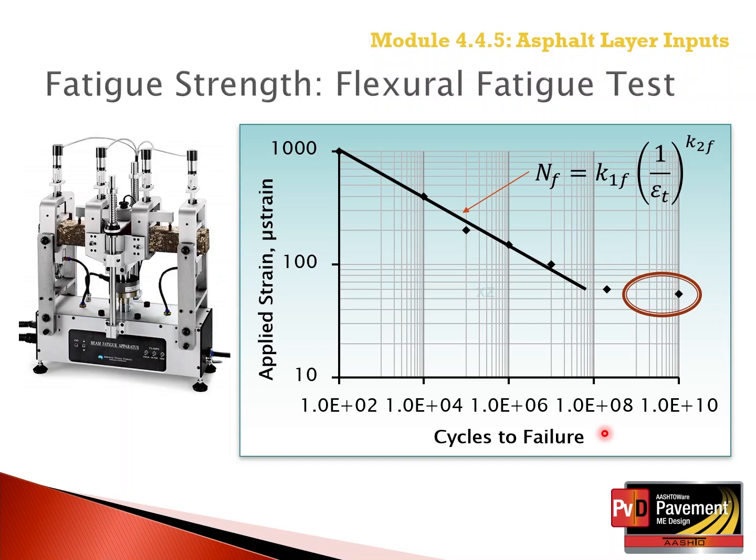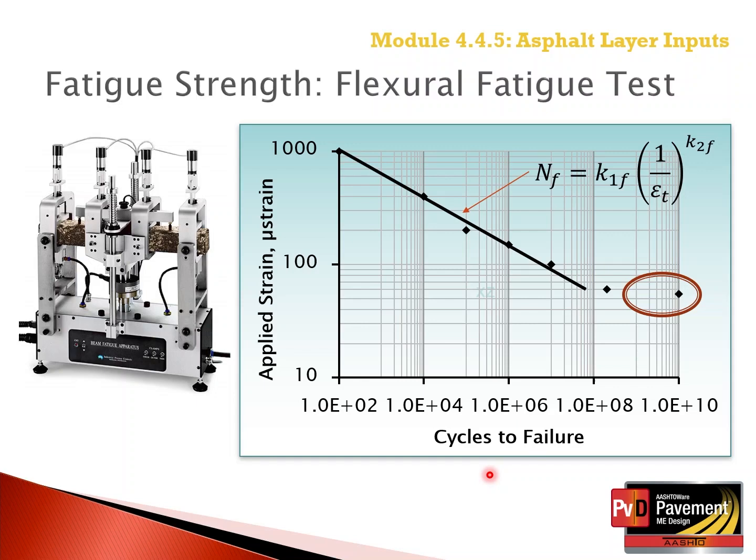The AASHTO standard practice is available through AASHTOWare. The outcome from testing asphalt beam specimens at one temperature and different tensile strain levels is defined as the slope and intercept of the applied tensile strain versus the number of load cycles to failure, as shown in this chart. Again, failure is 50% of the initial flexural stiffness of the beam, and this would represent one test temperature.